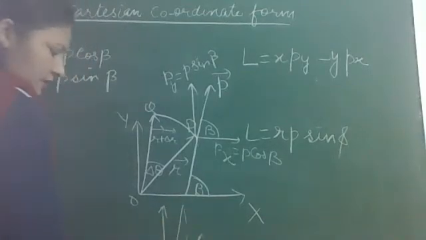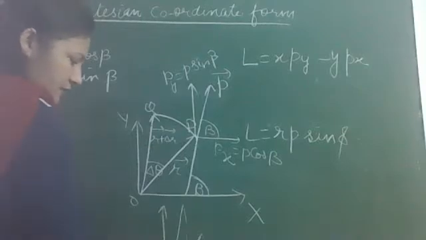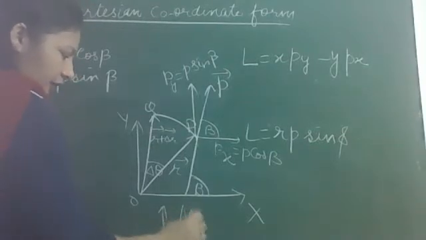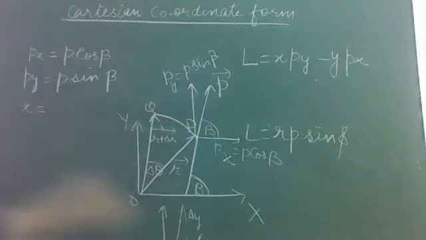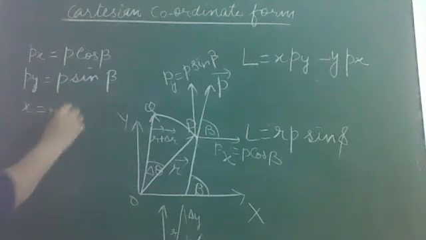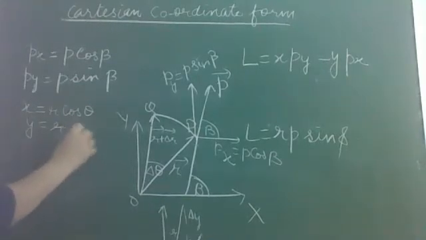This was theta, this is delta theta, this is x, this is y, this is delta y, and this is delta x. There we derived the relation: the hypotenuse is r, x is r cos theta and y is r sin theta.